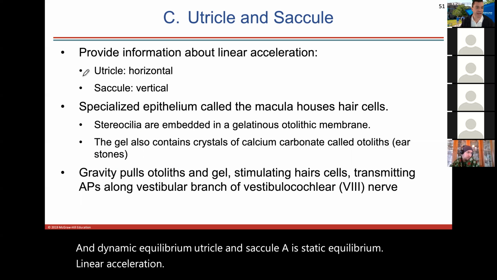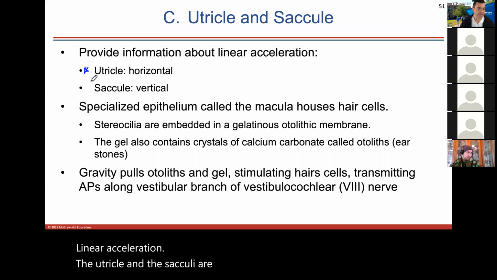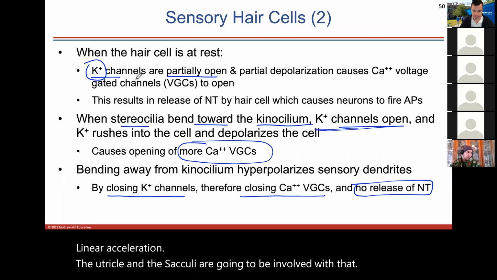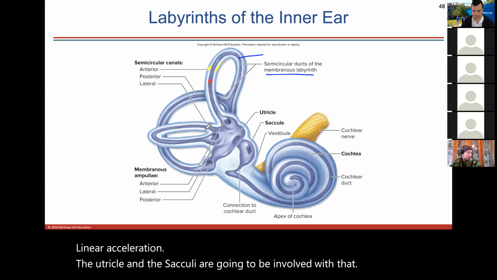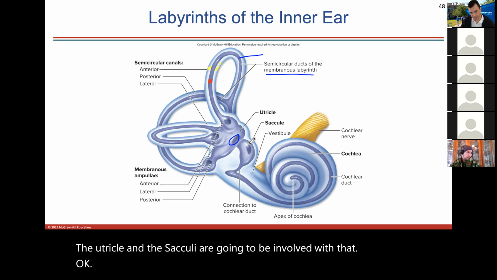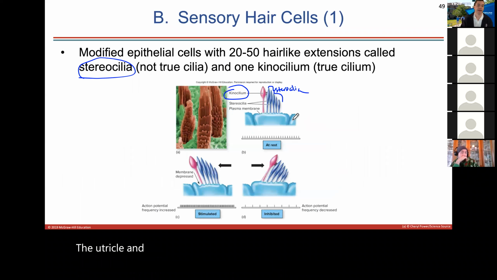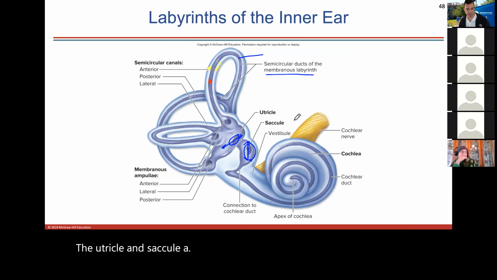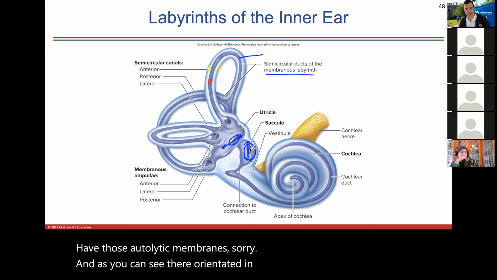The utricle and saccule have those otolithic membranes within them, and as you can see, they're oriented in a slightly different way.